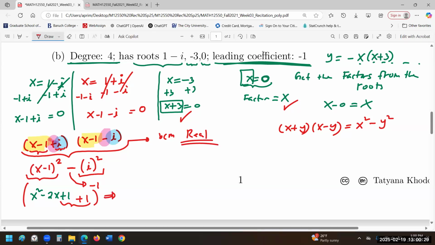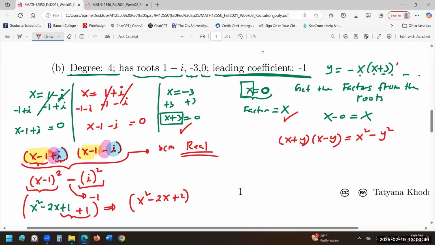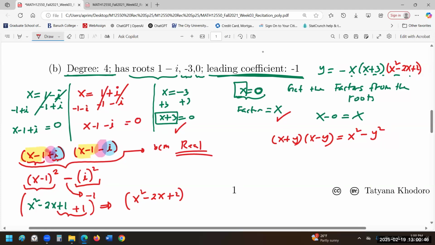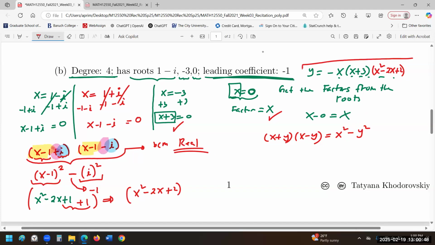So the final factor we have from here is x squared minus 2x plus 2. So we write this down here: x squared minus 2x plus 2. So this is the polynomial they are asking us.